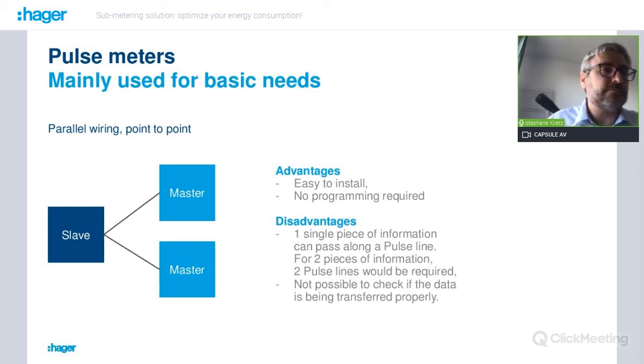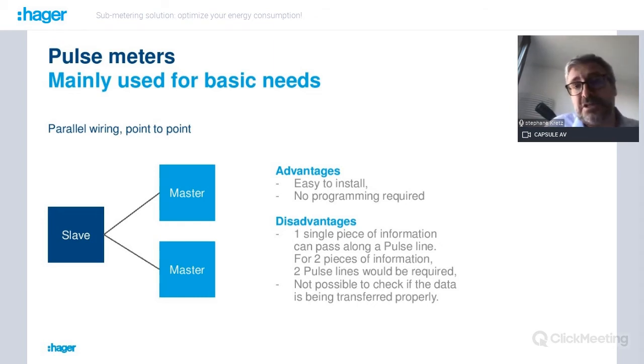So first one, okay, without protocols you can also have remotely a report of your information. It's with pulse. You can have pulse outputs for each quantity of kilowatt hours or watt hours. You will send a pulse out. The advantage of the solution is it's really easy to install. It's only a cable, and you have the pulse to monitor. But you can have only one data. It's one pulse information. For energy management, why not?